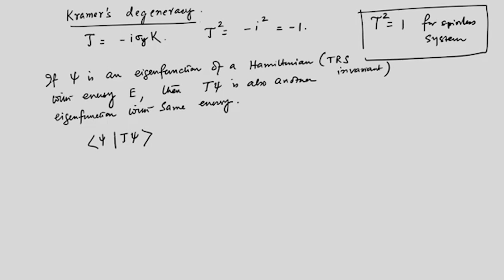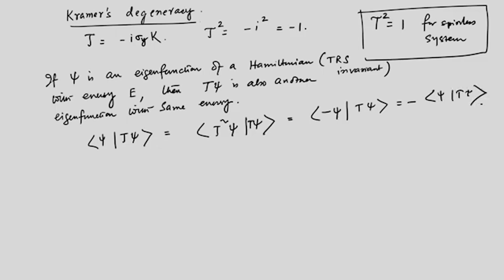This is equal to a T square psi, because you do this time reversal twice and should come back to the psi, and so this is nothing but a minus psi, because T square is equal to minus 1, and T psi, and this is equal to minus of psi and T psi.